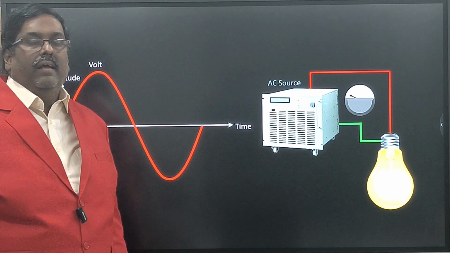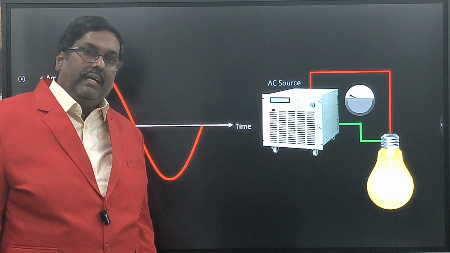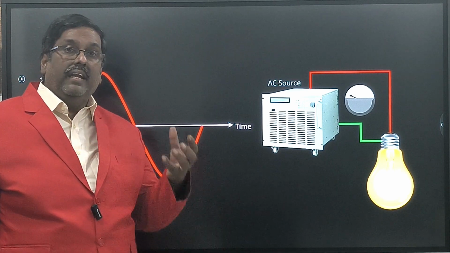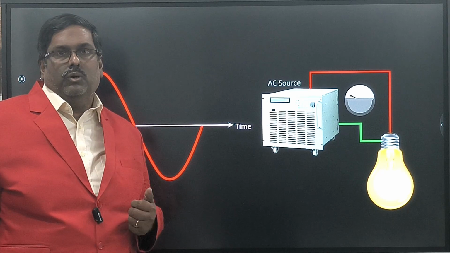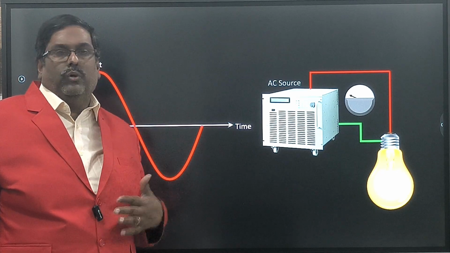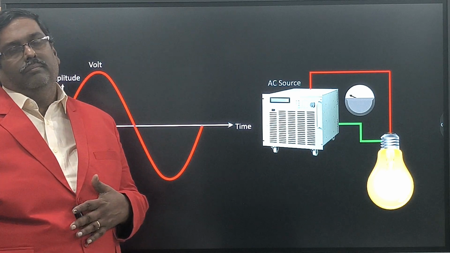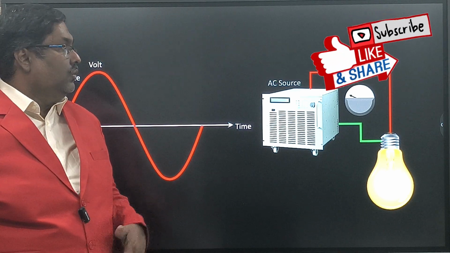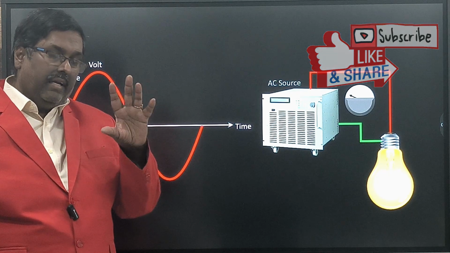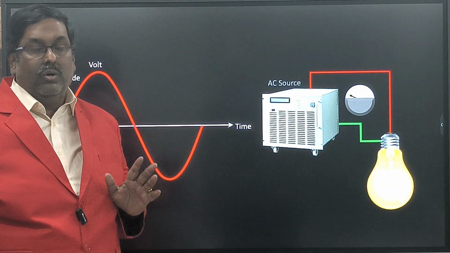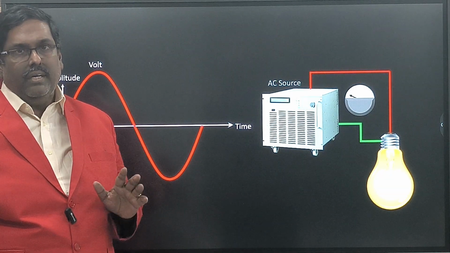But for our eye, anything more than 20 times, any flickering you cannot observe, because our eye has some storage power. Whatever you see, for a few seconds it stays in your eye. Our eye can notice any variation at less than 20 hertz.